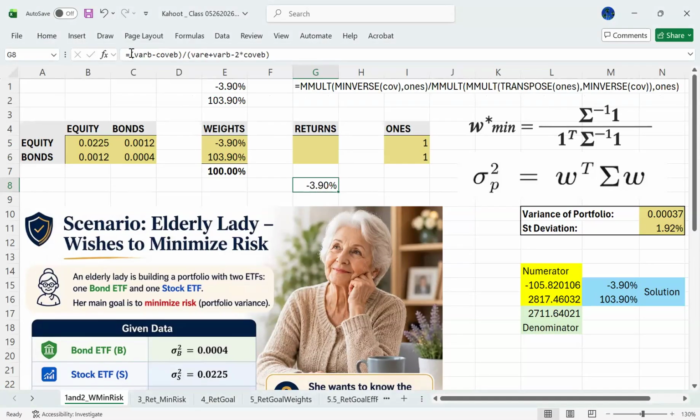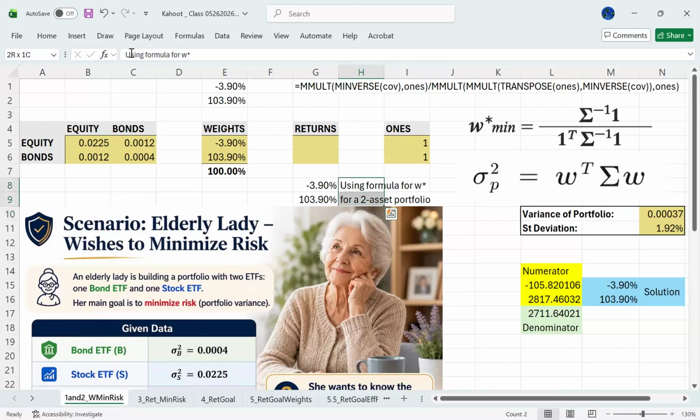And of course, that formula is the closed form solution to get the weight of asset one. Once you have asset one, just one minus that gives you asset two. Okay, so this is using the formula for the optimal weight for a two asset portfolio.